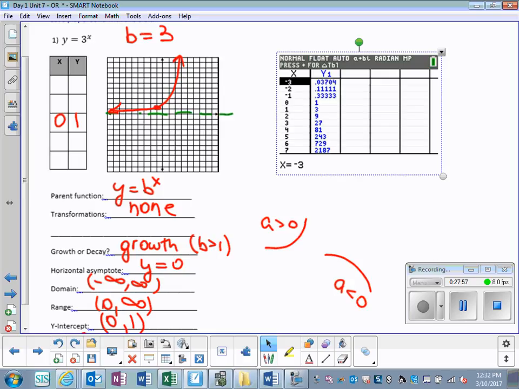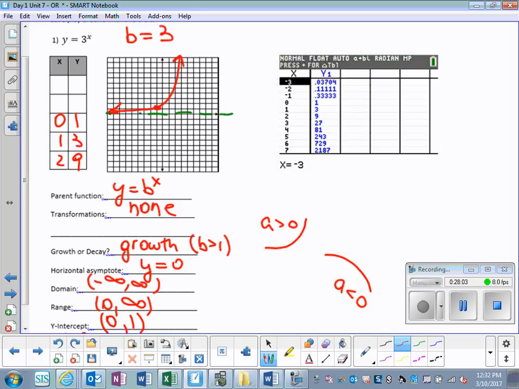Just take good points: 0, 1; 1, 3; 2, 9; negative 1, 0.3 repeating; negative 2, 0.1 repeating. Wait, what does that fraction work out to? Which one? The 0.3 and 0.1.